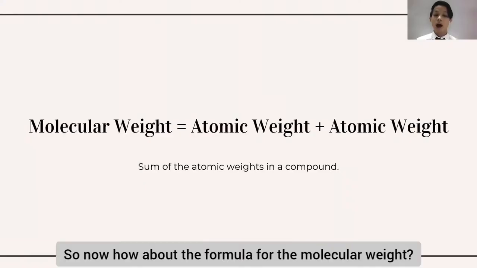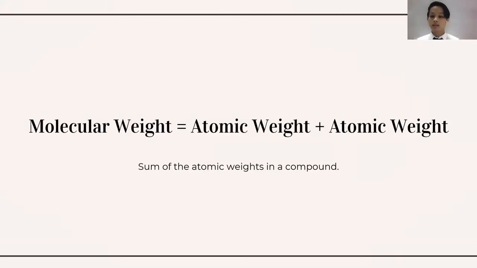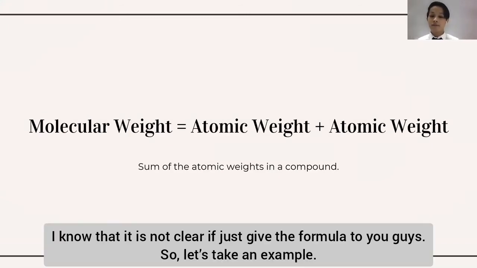So now, how about the formula for the molecular weight? The molecular weight is equal to the sum of the atomic weights in a compound. I know it's not clear if I just give the formula to you, so let's take an example.